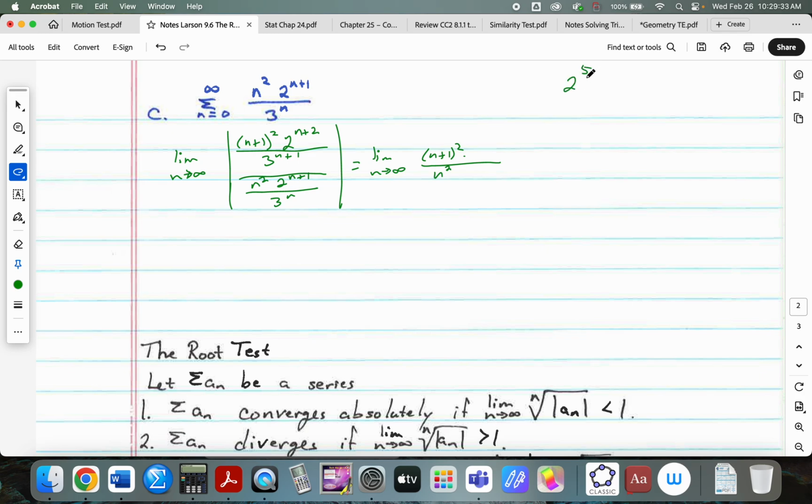So that would be 2 to the 5th over 2 to the 4th. What is it? It's just 2. Remember, we subtract the exponents. n plus 2 minus n plus 1 is just 1. And we've got a 3 to the n plus 1 divided by 3 to the n, which is 3.